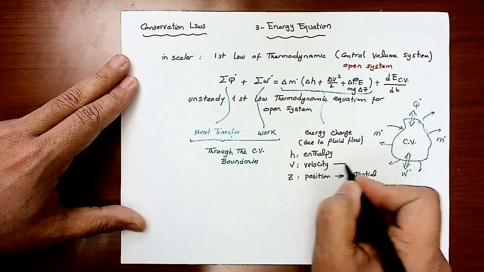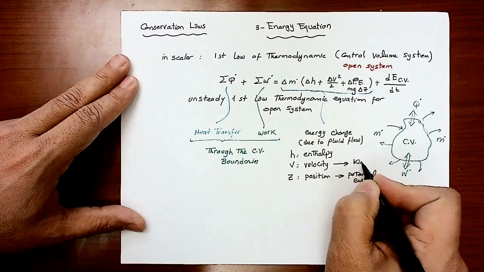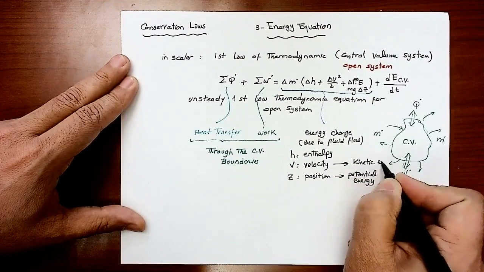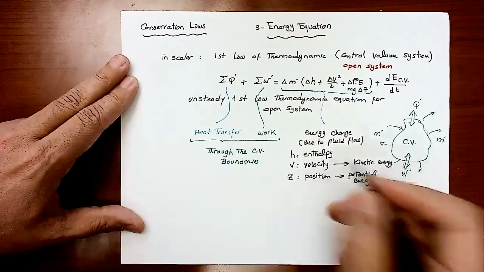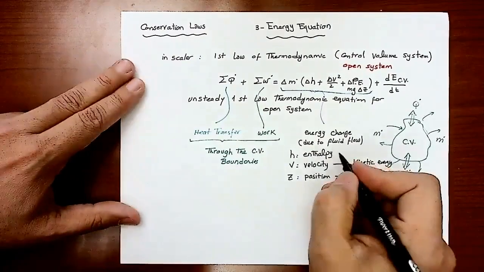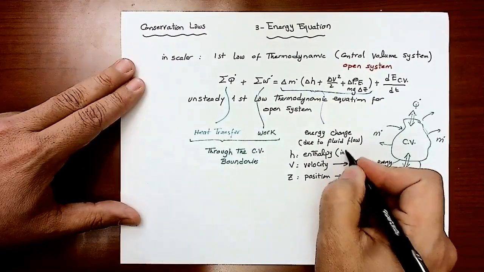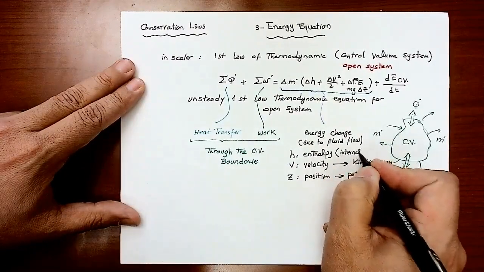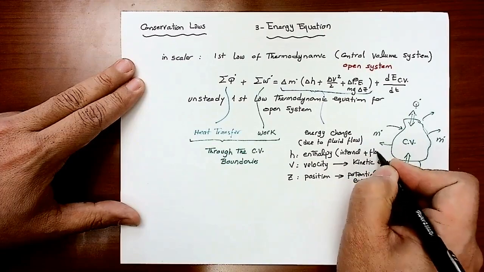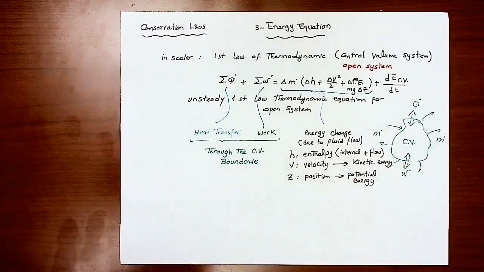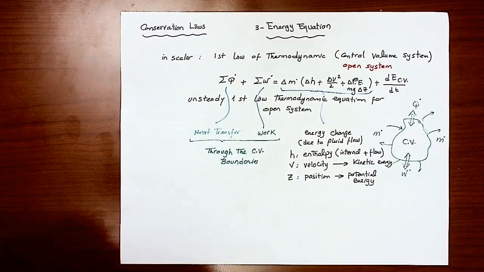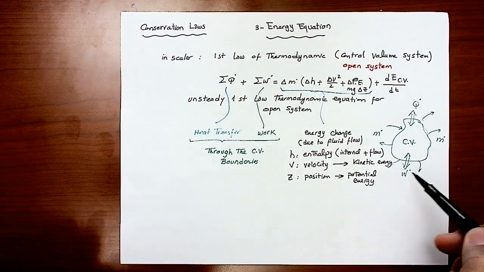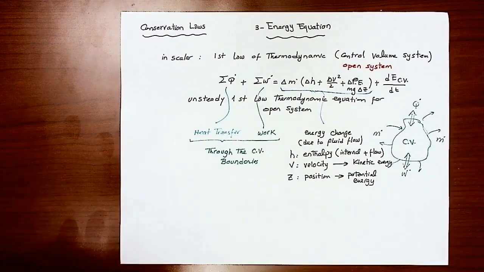Velocity is indicating my kinetic energy. And we know that enthalpy is a combination of the internal energy plus what we call the flow energy. So these are the different forms of energy carried by the fluid of each one of these fluid lines, in or out.